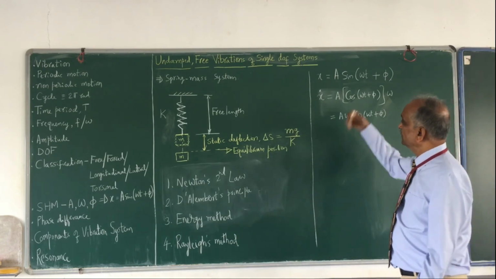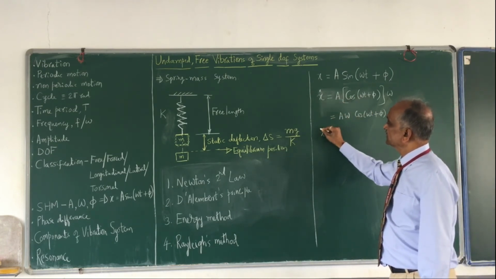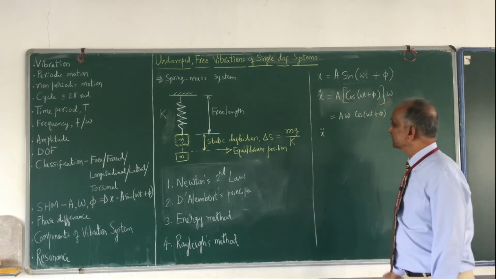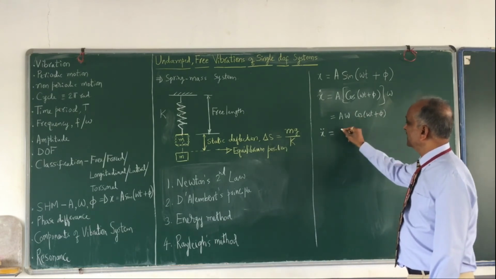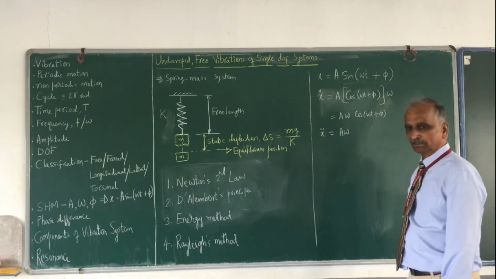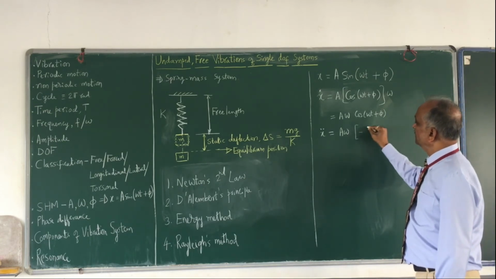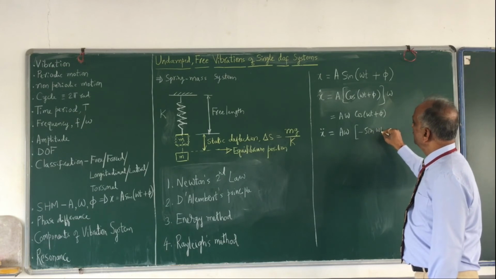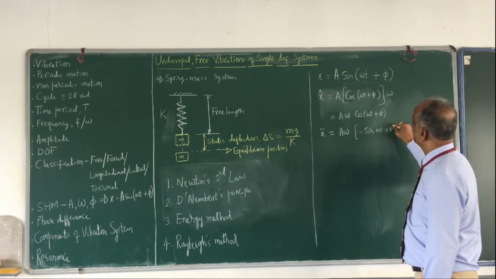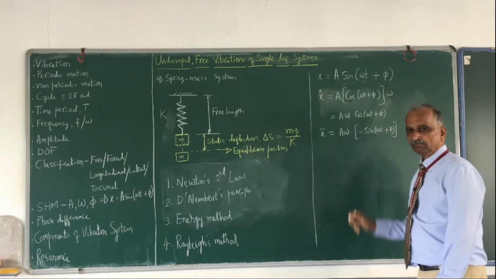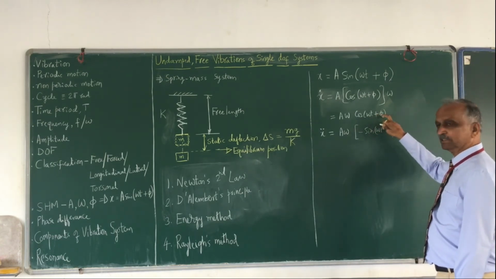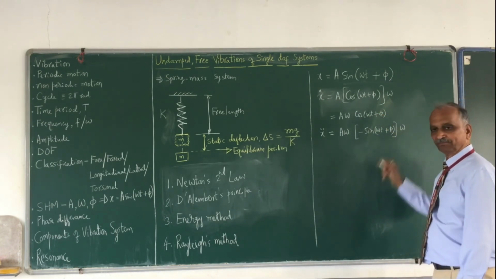Now I would like to differentiate it once again. X double dot is equal to, on the same lines, A omega is constant, and the derivative of cos of omega t plus phi is minus sin of omega t plus phi. Again, differentiation of this gives one more omega.